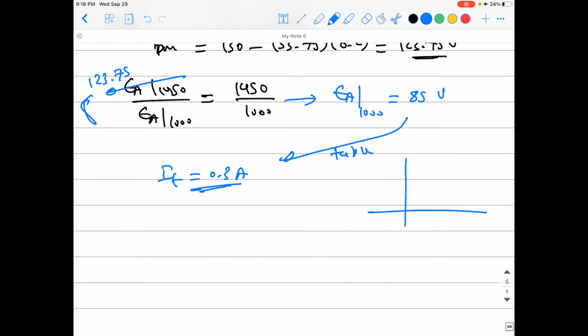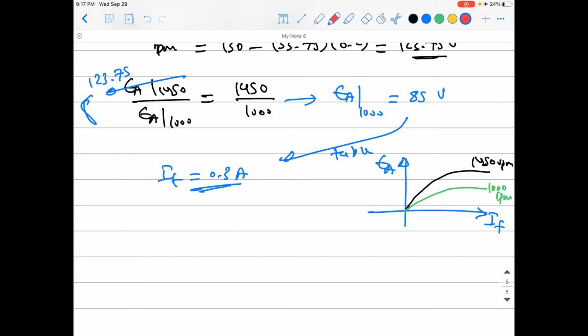Okay, remember I'm using the same idea, that is EA versus IF. We were working at 1450 RPMs, but the table is taken at 1000 RPMs. Okay guys, that is the same idea we'll deal with now.